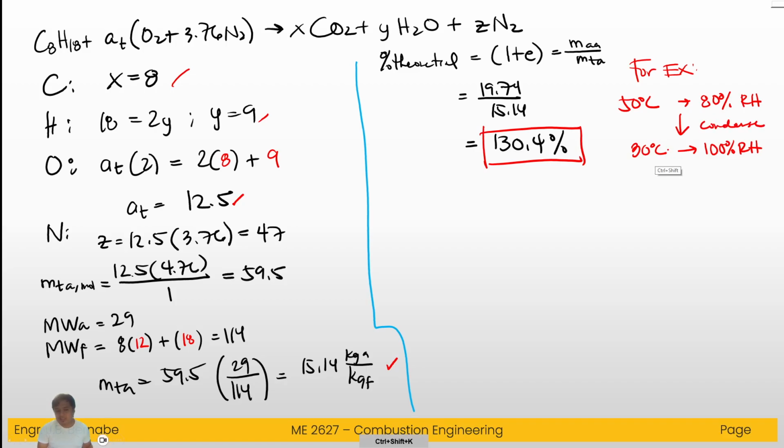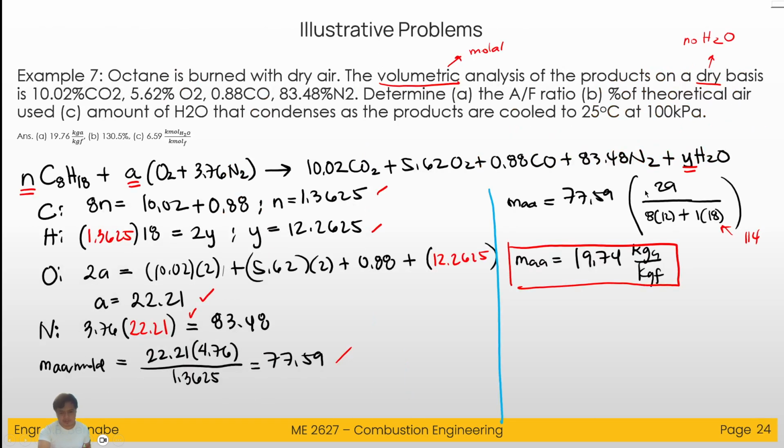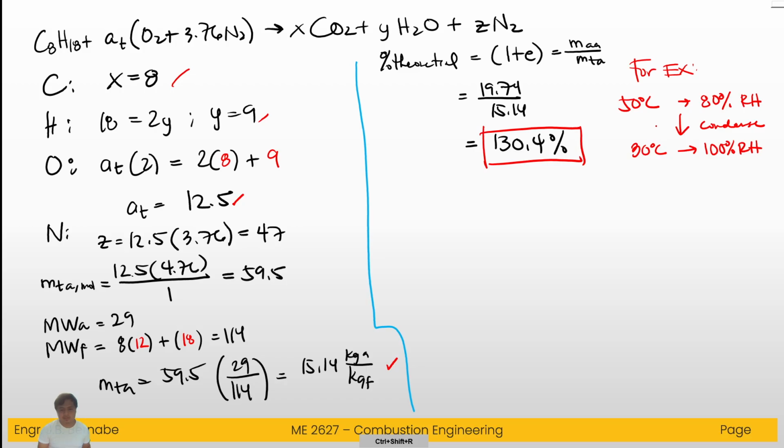So remember that. So what we want to find out first is the dew point temperature of our products, just to figure out if it will actually condense in the first place. And if it will condense at 25 degrees Celsius, then we want to find how much condenses from this dew point temperature down to the lower value of 25 degrees.